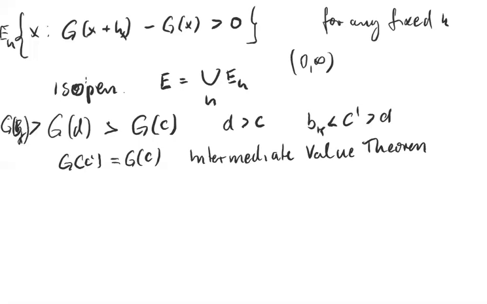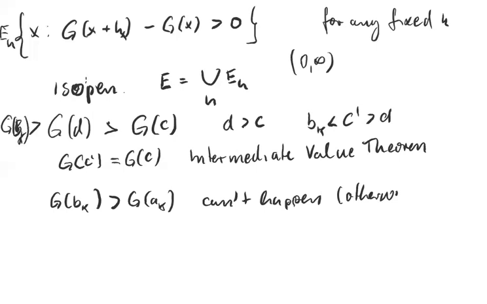First of all, G of b_k greater than G of a_k can't happen, because otherwise b_k would be in E. But b_k is not in E because it's an endpoint of one of those open intervals.